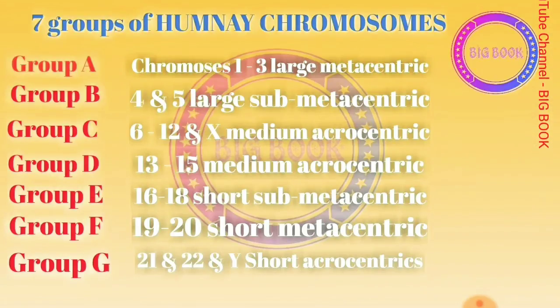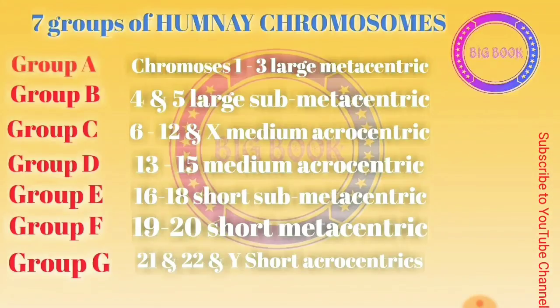Now here you can see the 7 groups of human chromosomes. Chromosomes 1, 2 and 3 are large metacentric, so they are placed in group A. In group B, 4 and 5, large submetacentric chromosomes, are placed. The centromere is submetacentric.